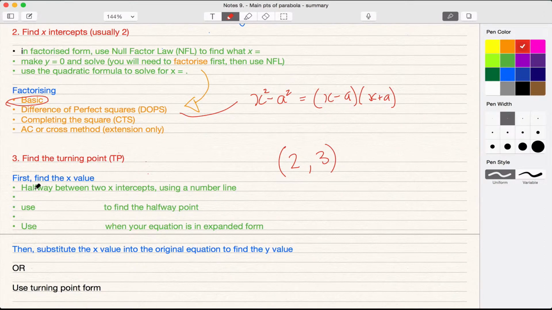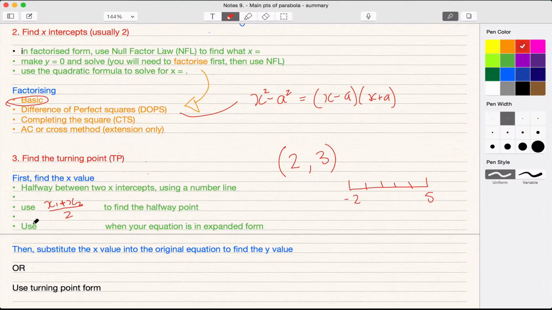One method is to find the halfway point between the two x-intercepts, and you might draw a number line to help you work out if it's between, say, -2 and 5. You might draw a number line and put the ticks in between and work out where the halfway point would be. Second method is to use x1 plus x2 divided by 2, which would be take those two x-intercepts, add them together and divide by 2, and you'll find the halfway point.